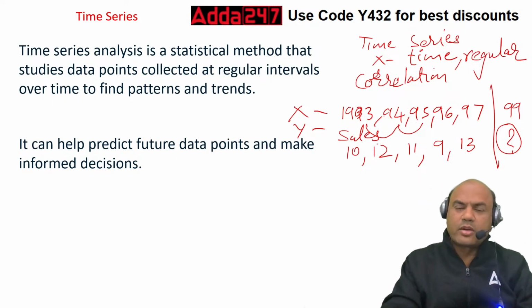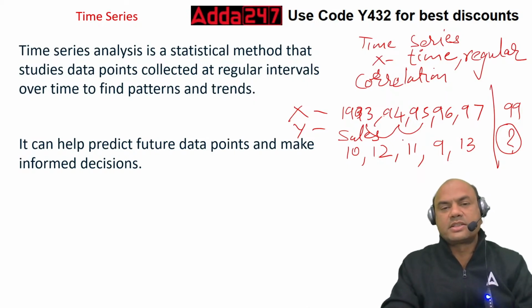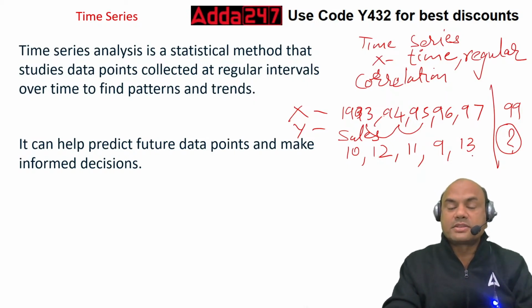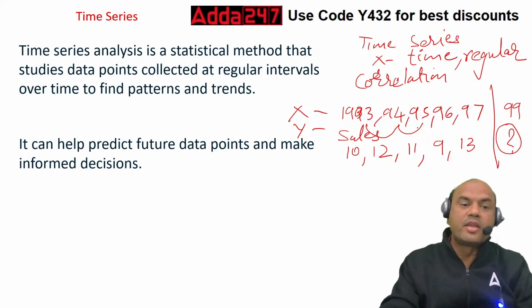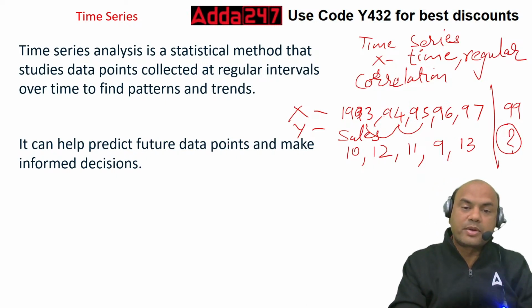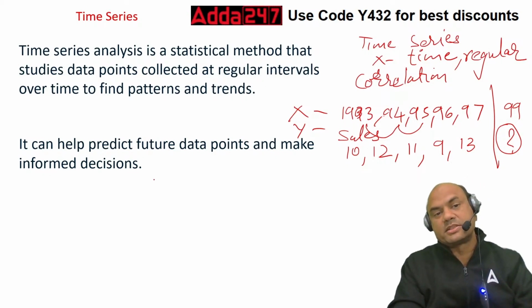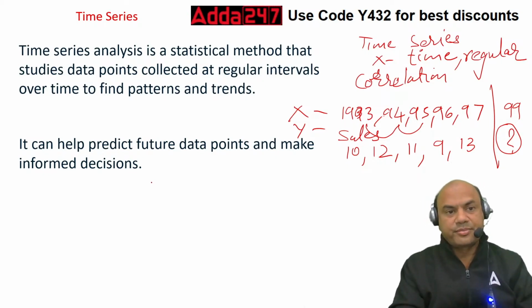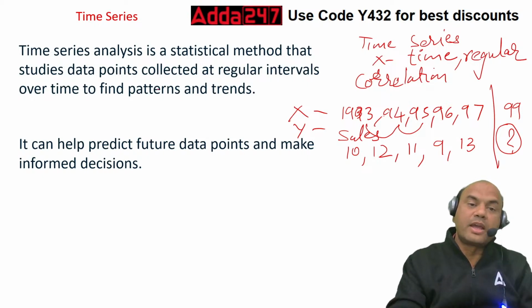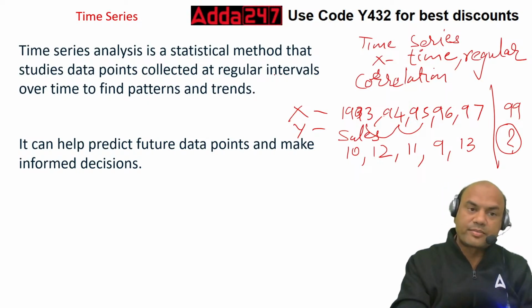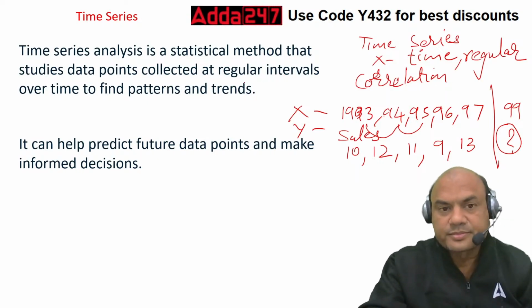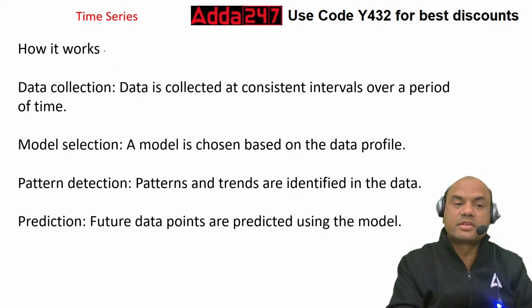Of course, I may not be exactly correct, but I may have some rough idea about it, isn't it? So it can predict future data points and make informed decisions. Got it? So time series analysis is a statistical method that studies the data points at regular intervals. Okay? How does it work?